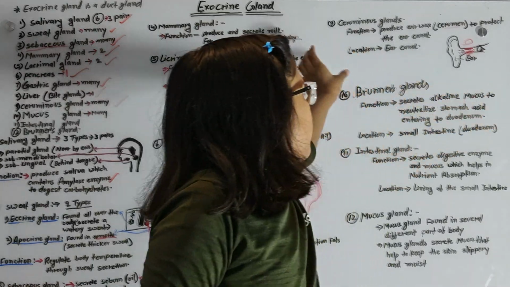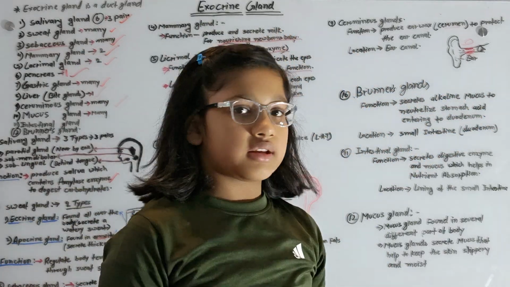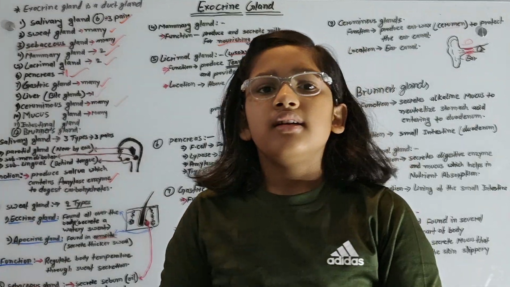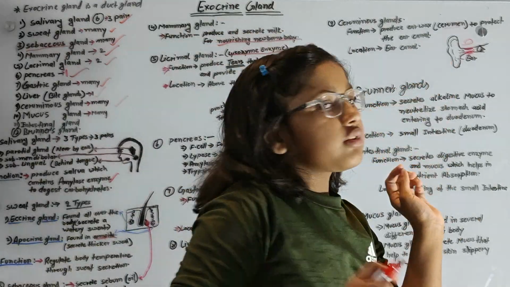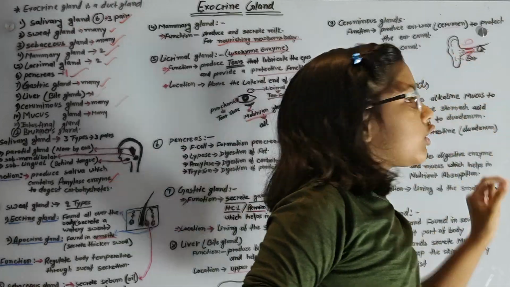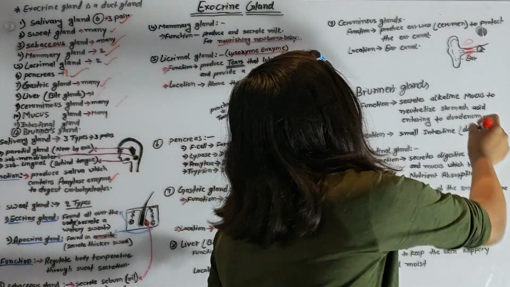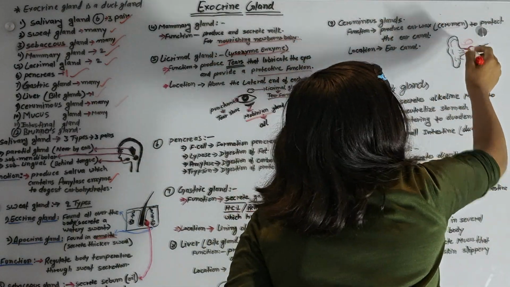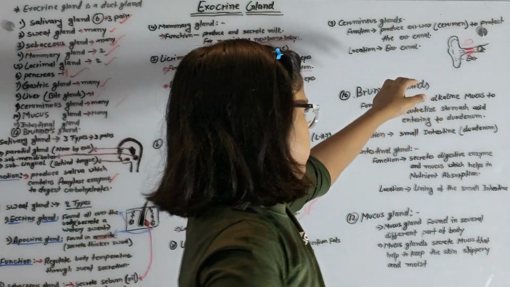Location, where this ceruminous gland is located, ceruminous gland is located in the ear canal. Okay, this is the outer part, outer part covers the ear canal also, so ceruminous gland is located in the ear canal. In image you can see.